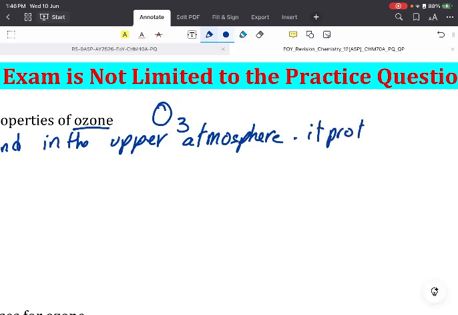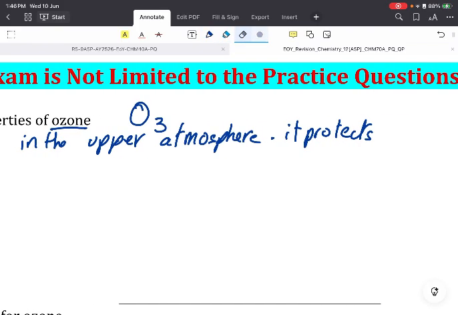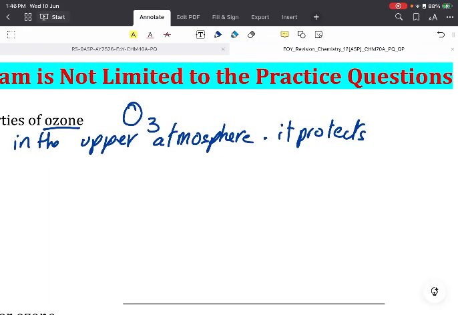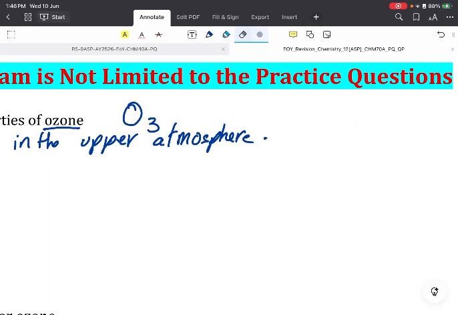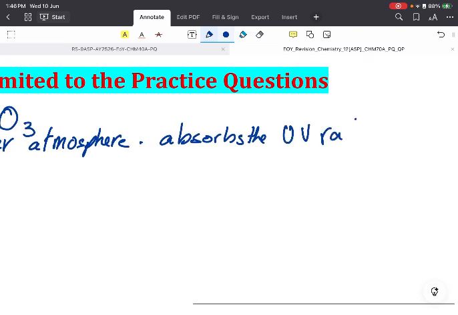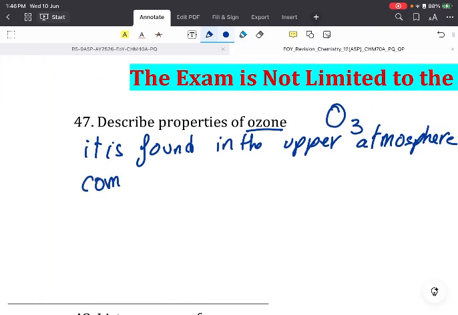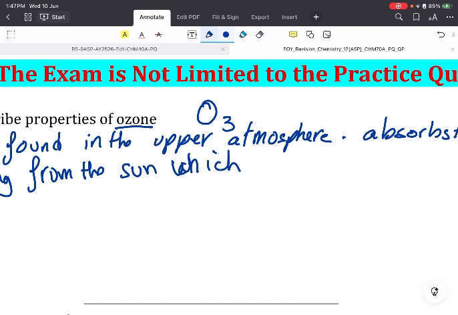How does it protect? It reacts with those radiations and prevents them from reaching the lower layer of the atmosphere. So it absorbs the UV radiations coming from the sun, which are harmful.